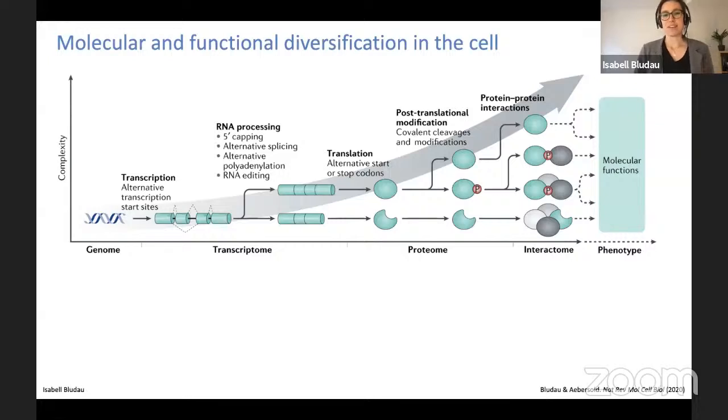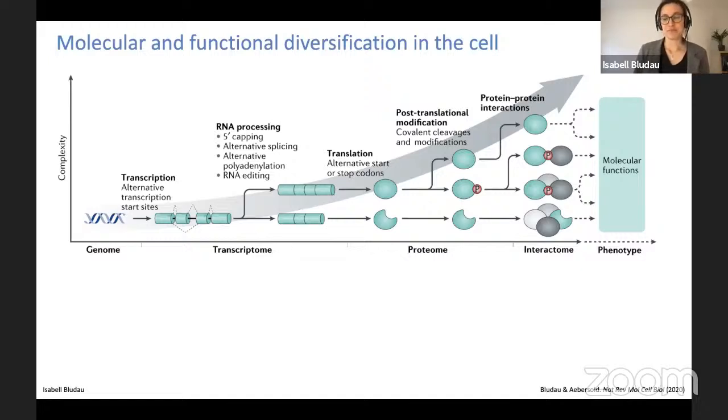And this number of genes is then quite dramatically expanded by RNA processing events such as alternative splicing, ending up in tens of thousands of mRNA isoforms, which are then translated to proteins, which we typically analyze by mass spectrometry.